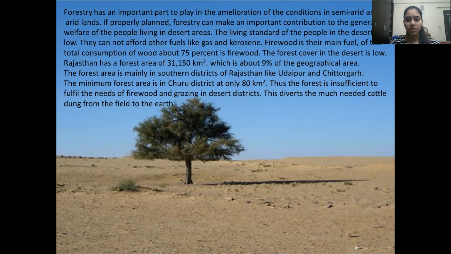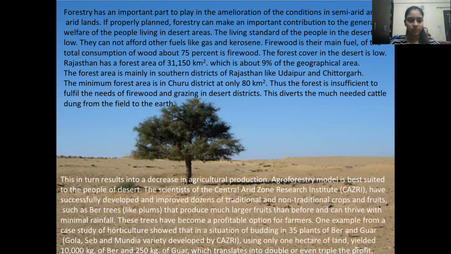Thus, the forest is insufficient to fulfill the needs of firewood and grazing in the desert districts. This diverts the much needed cattle dung from the field to the hearth. This in turn results in a decrease in agricultural production.